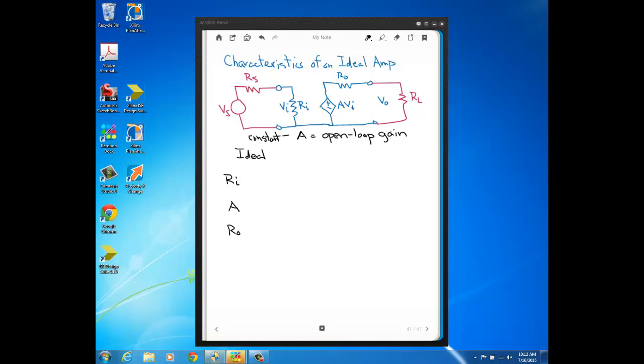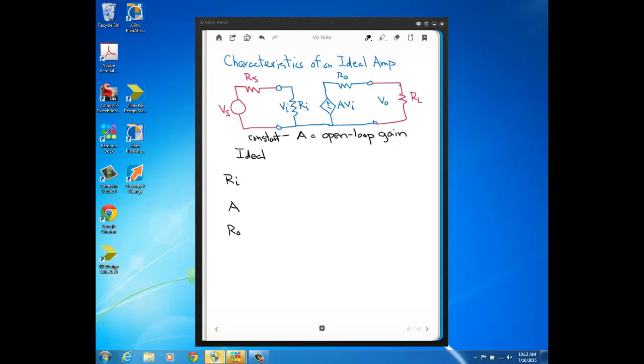Now what's in red is connected to the amplifier. So over here you can see there's some source with a resistance that represents the signal that we want to amplify. And I purposely left this source ambiguous. I didn't define it as an AC or a DC source because these ideal values apply to no matter what type of signal we have, whether it's a DC signal or an AC signal. So this source could be either AC or DC, and it wouldn't affect anything in the analysis that we're going to start here in just a moment.